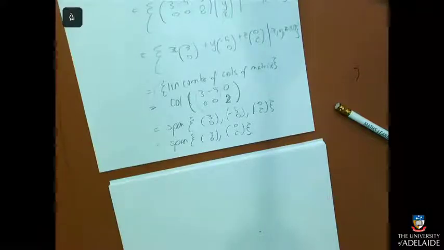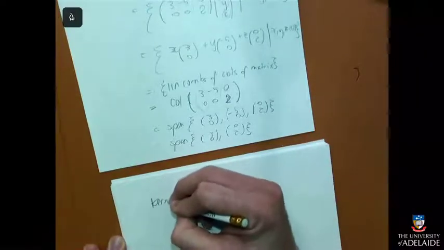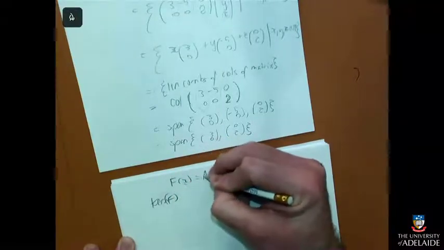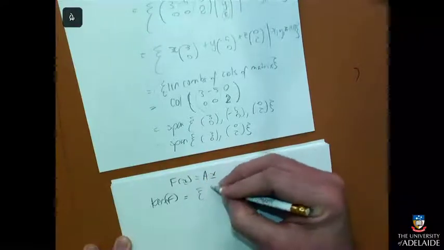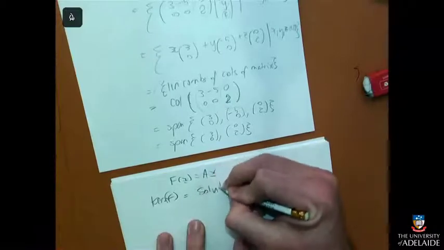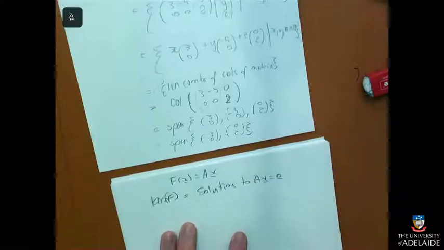Okay, so just a second. What have we got? So far we have that the kernel of f, so if f of x is A times x, then the kernel of f is the same as the solutions to Ax equals 0. And to do that you have to do your free variable stuff.